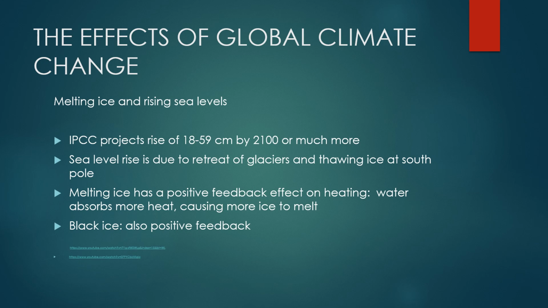This is also a positive feedback effect because there is so much soot, ash, all those things in the atmosphere. It falls on places that have this white ice that should be reflecting the sunlight.